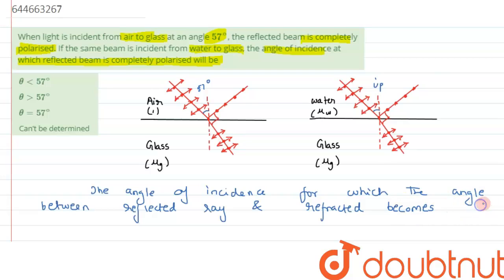Alright, so basically the angle of incidence for which the angle between reflected ray and refracted ray becomes 90 degree.